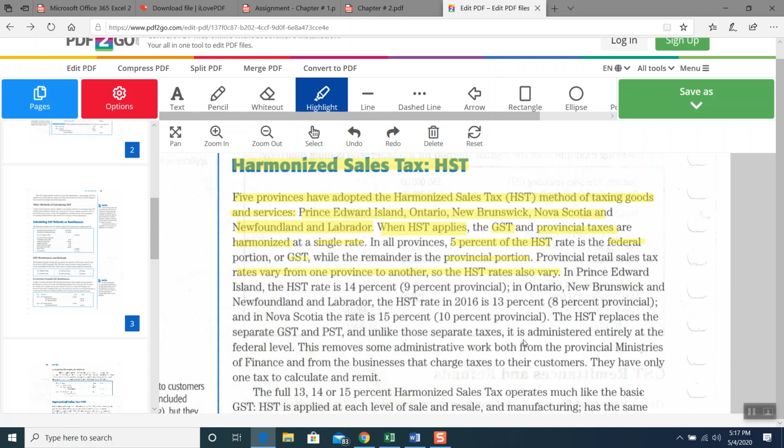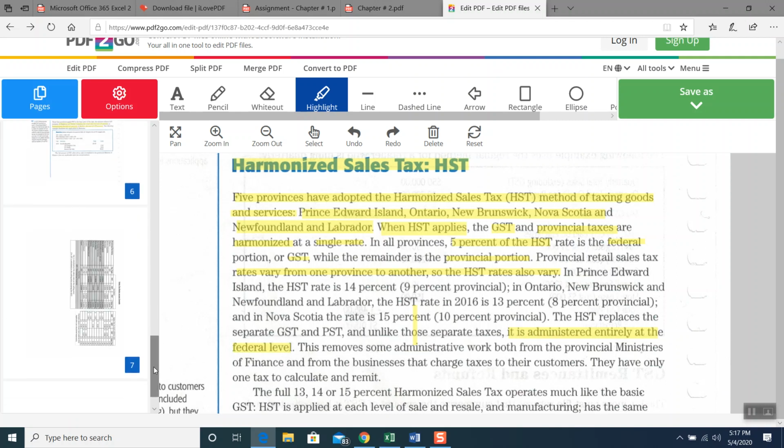Karan asks me, sir, then who is responsible to separate these? Karan, that's not our question. The logic is that we are going to calculate at one single rate. That's our topic for HST. It is always administered entirely at the federal level.